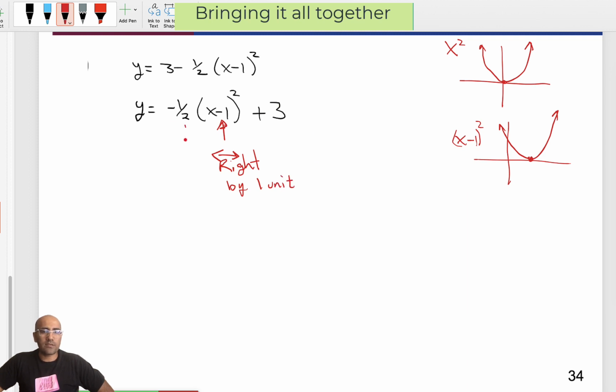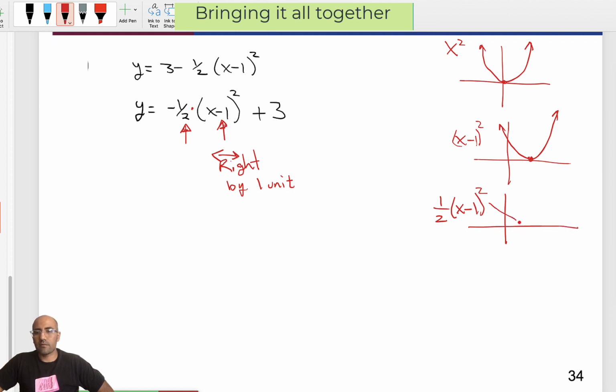Okay. What is this going to do? Well, the fact that it's a half means it's slowed down its growth, right? If we multiply it by a number bigger than 1, it makes it skinnier, it goes toward infinity faster. If we multiply it by negative 1/2, it's going to slow down its growth. That's going to be kind of like this one, except it's going to be wider.